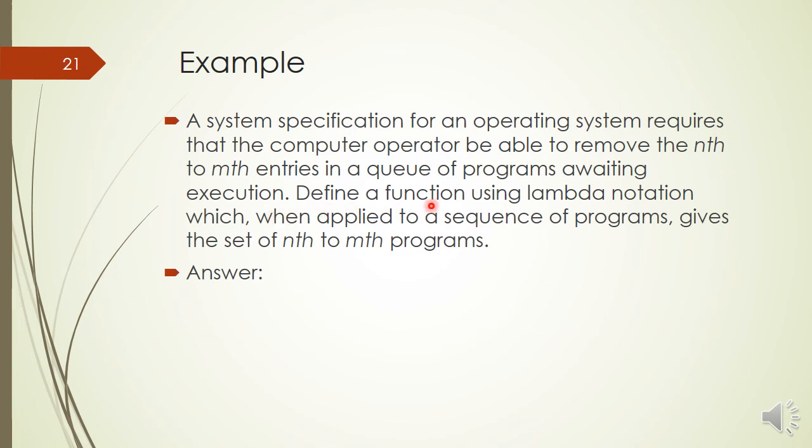Define a function using lambda notation which, when applied to a sequence of programs, gives the set of nth to mth programs. Students, in this example, we want to get the set of programs in a queue with index number n to index number m.